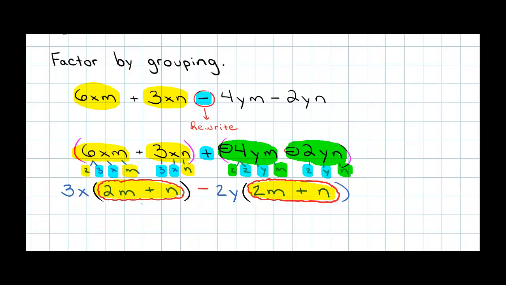I'm going to write that common factor of 2m plus n. That's going to be my GCF, and I'm going to factor that out.